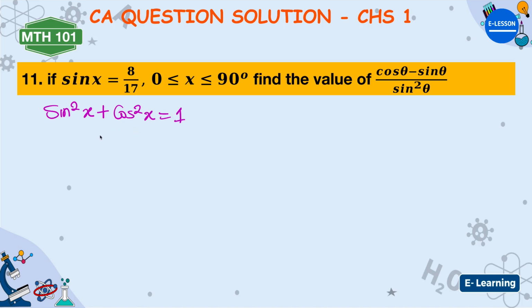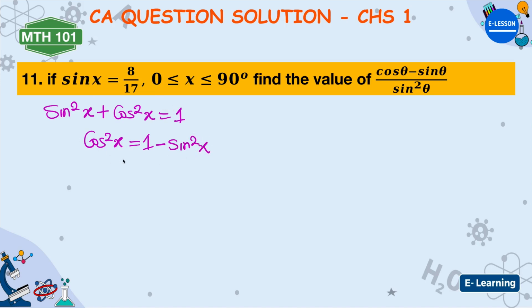So to get our cos squared x, let sine squared x cross to the other side. It now gives us 1 minus sine squared x.